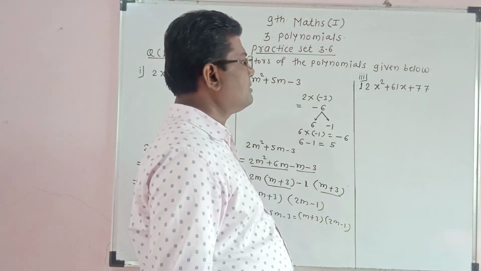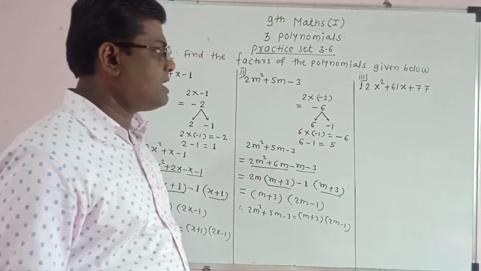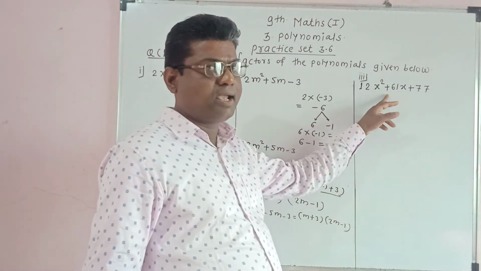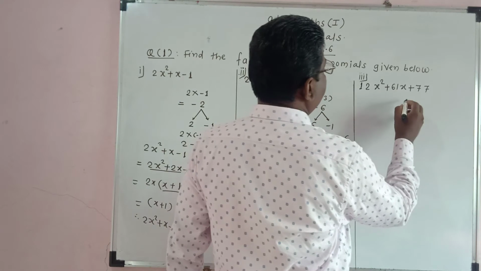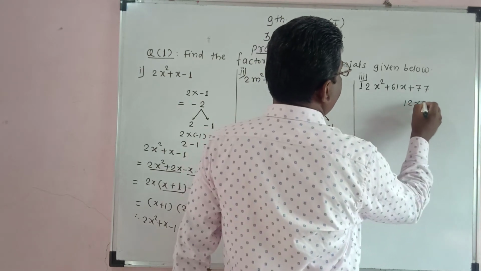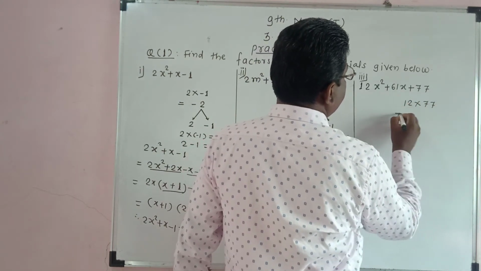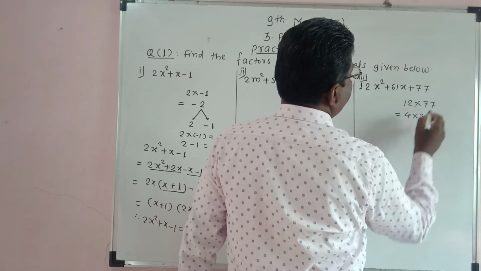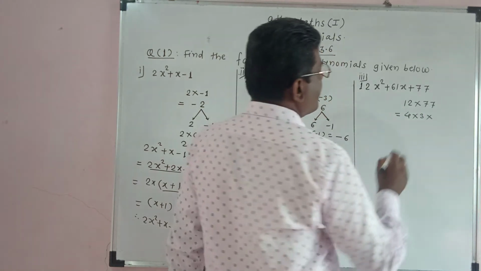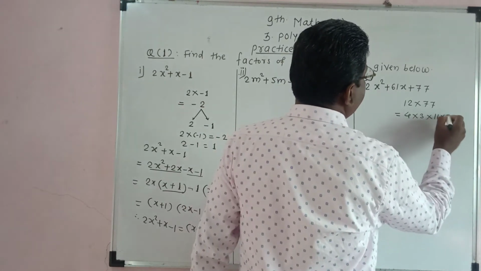Now example number 3, 12x square plus 61x plus 77. Now multiply this 12 and 77. So 12 can be written as 4 into 3 and 77 can be written as 11 into 7.